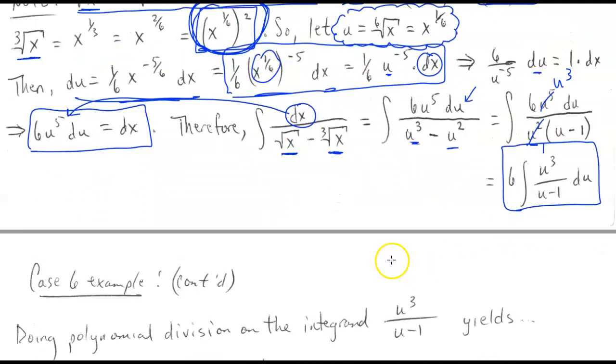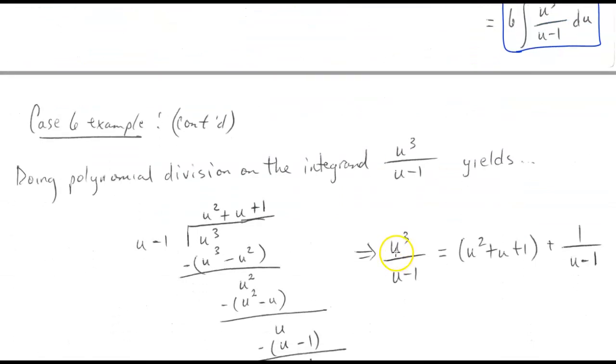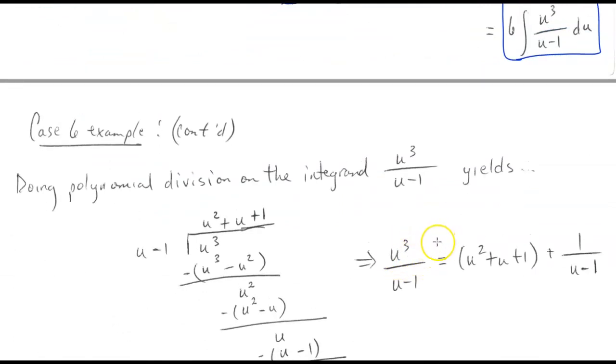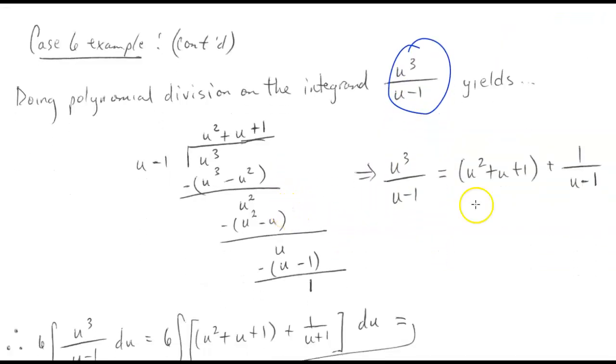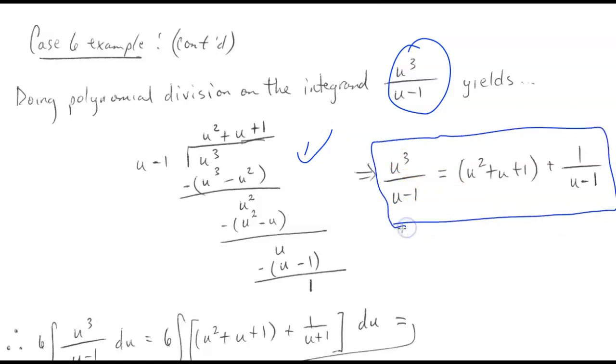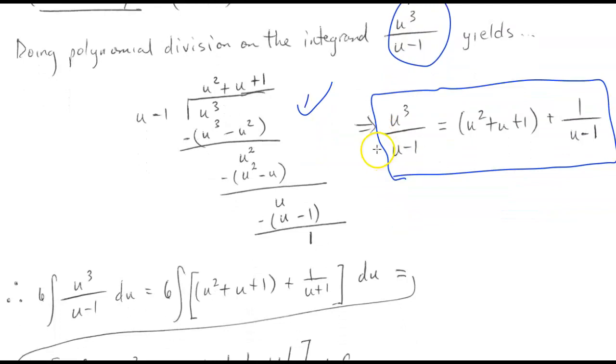And so now at this point, this looks like a case 1 type situation where we will just do polynomial division here. And you see that I'm doing that here so that this u cubed divided by u minus 1, all that could just be rewritten this way. And of course, once we have that, I can integrate all 3 of those terms relatively easy, and I can integrate that last term.